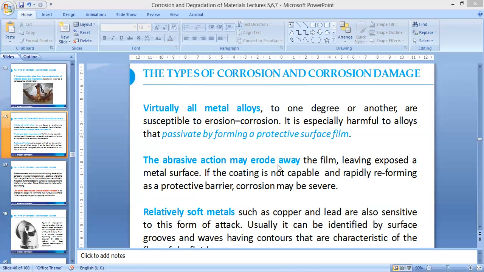After it erodes the film, it may leave the metal exposed for a time that may even allow for some corrosion to happen. And if the coating is not capable of rapidly reforming as a protective barrier, corrosion may be severe.